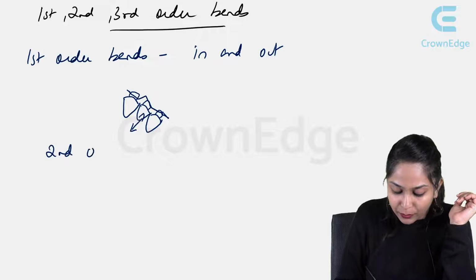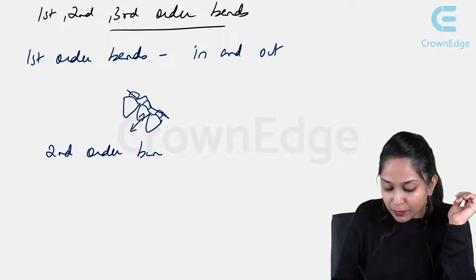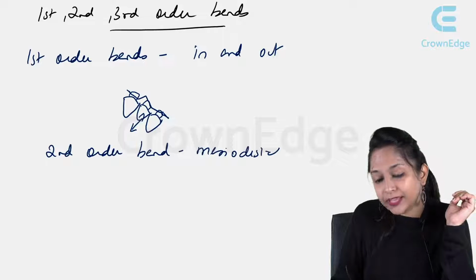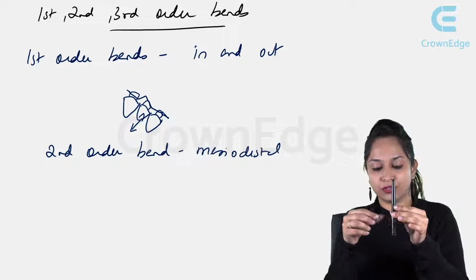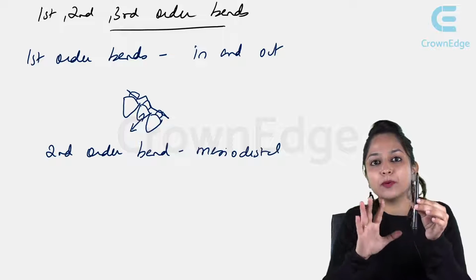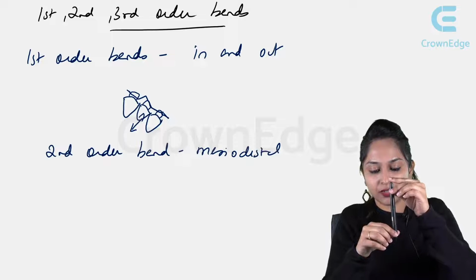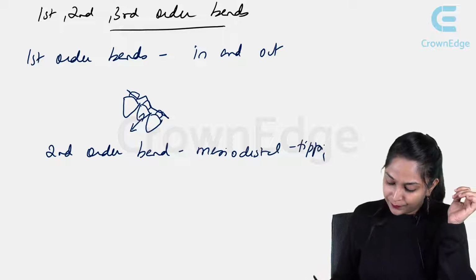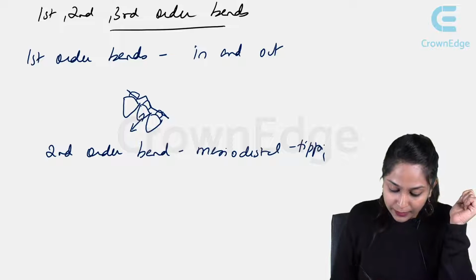Coming to the second order bend, what you need to remember here is it is a mesiodistal movement. So if that's the root, it's just going to move mesiodistally like this or like this. So most probably tipping movements. It's just going to move like this. So it is a tipping movement. So here, how does it look?